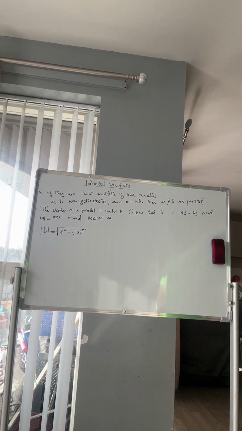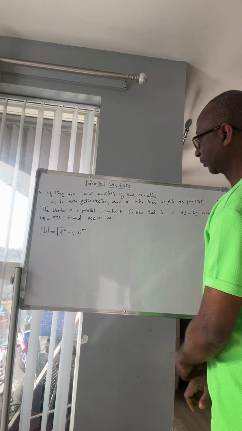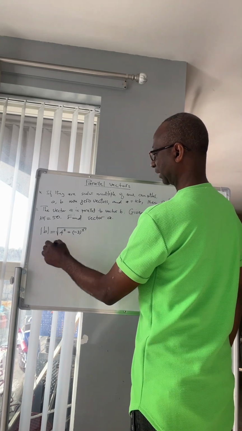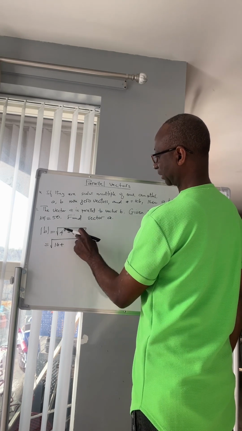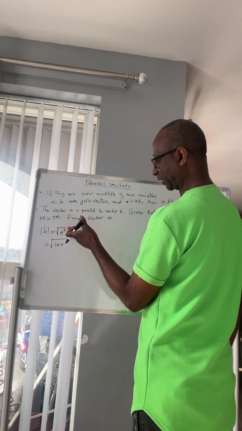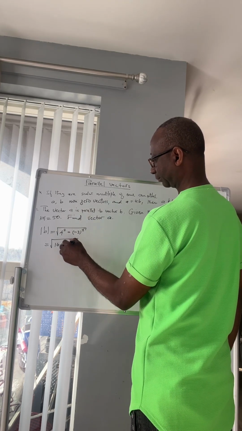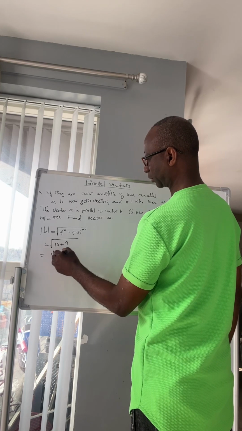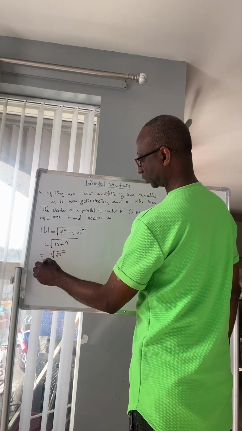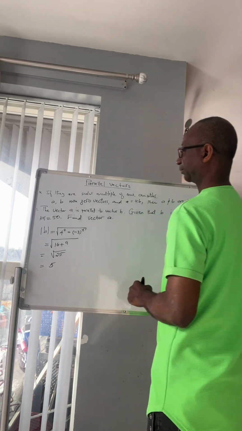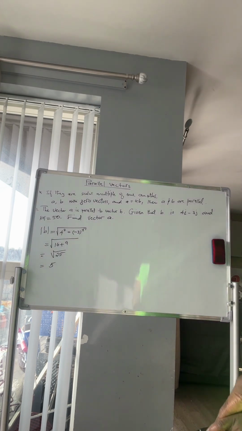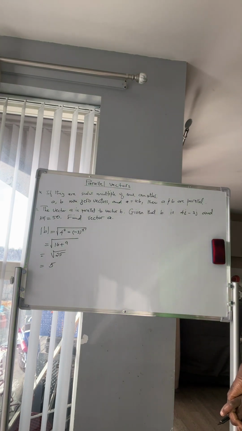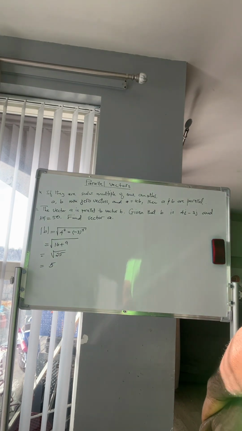That is the magnitude of B. So this boils down to the square root of 4 squared is 16 plus minus 3 squared, the minus will disappear there, so it's going to be 9. So that gives us the square root of 25. Square root of 25 we know is 5. So now we found the magnitude of the vector B.